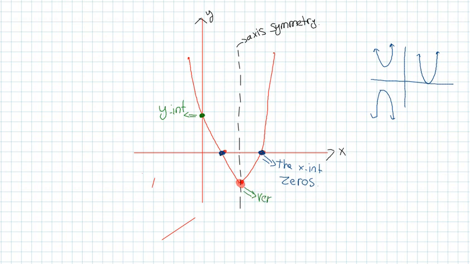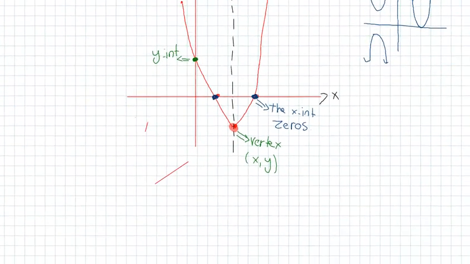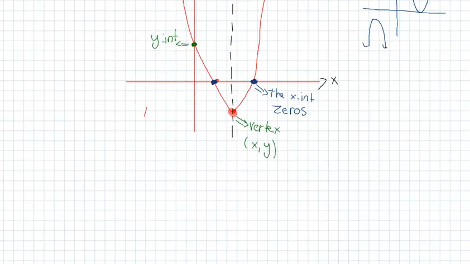A vertex is a point, so it will have x and y values. And in this case, it's a minimum. So this is opening up, right? When the graph is opening up, you have a minimum.